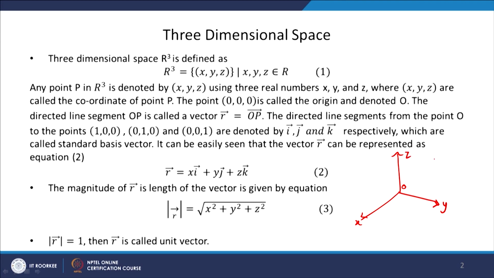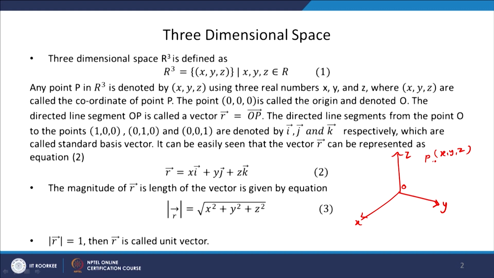Any point P can be written as the coordinate x, y, z, and the point origin O is nothing but 3 zeros in the bracket. So, the coordinate of the origin is 0 0 0 and the coordinate of any point P is x, y, z.